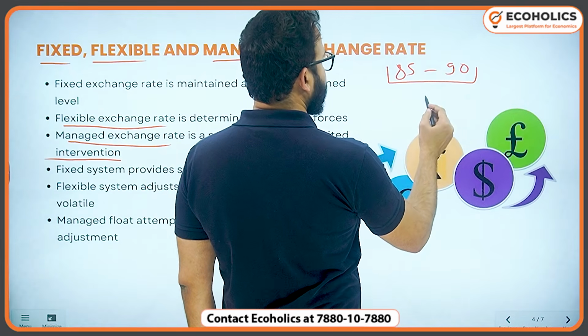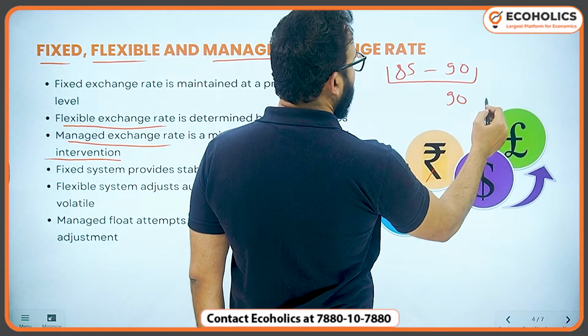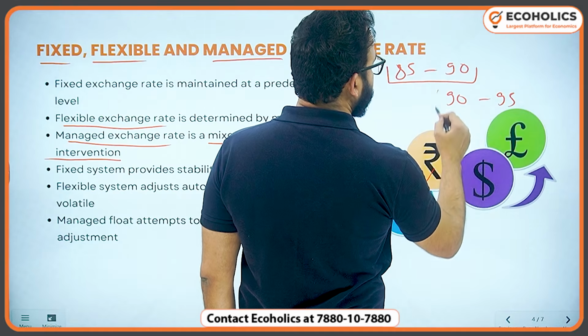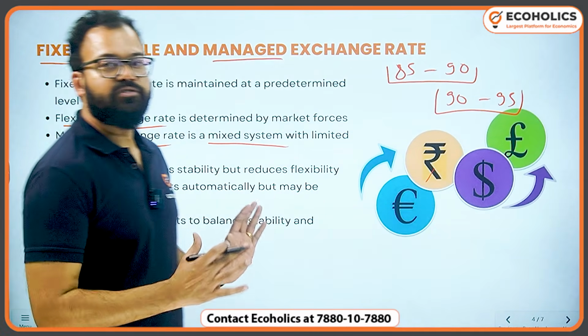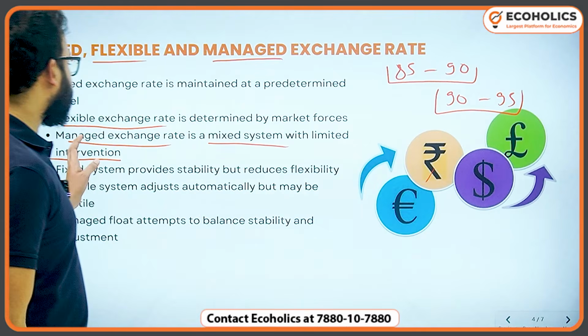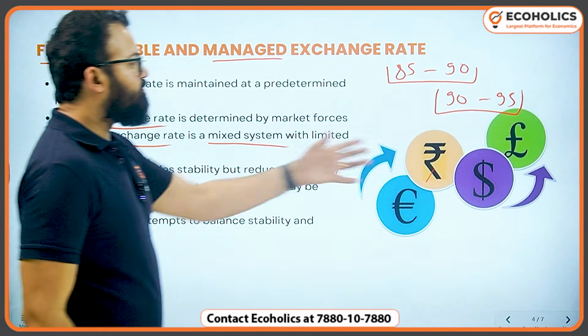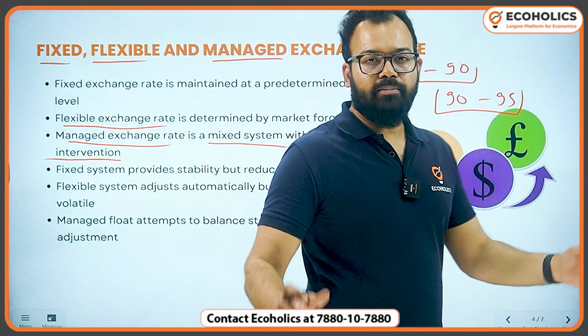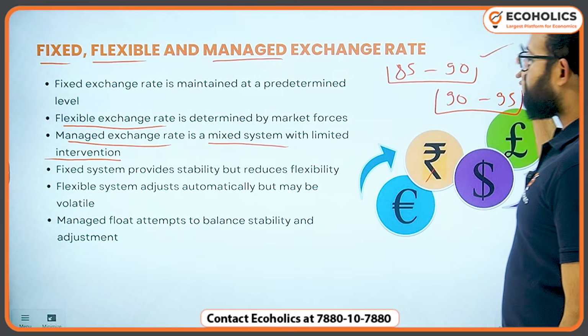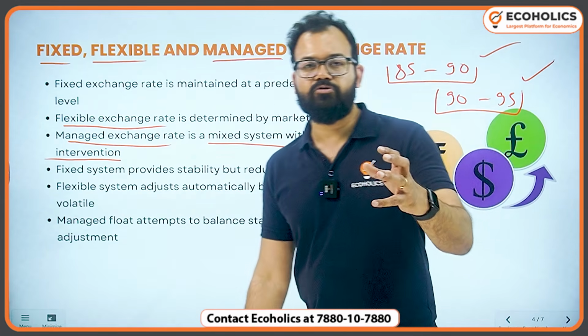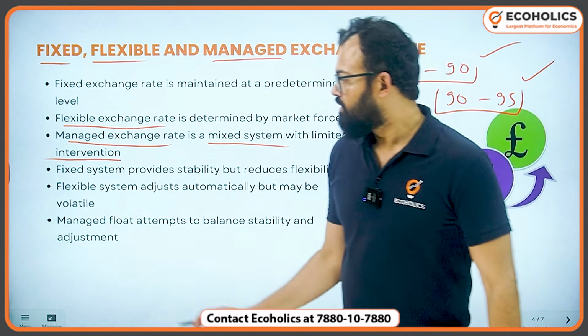If that band changes because of demand and supply, export and import, the band also shifts. That's why it is called a managed exchange rate. RBI will act accordingly, and RBI can opt out as well. So this is not a fixed band, it is an imaginary band according to the economic condition at that particular time.